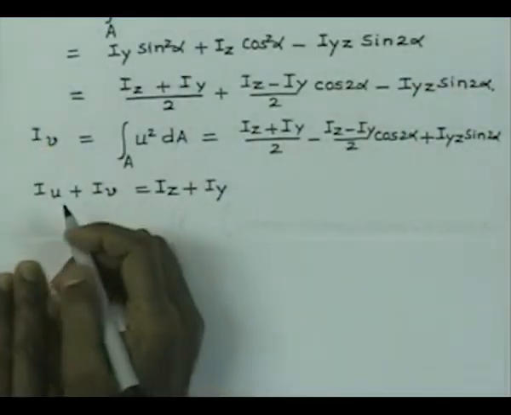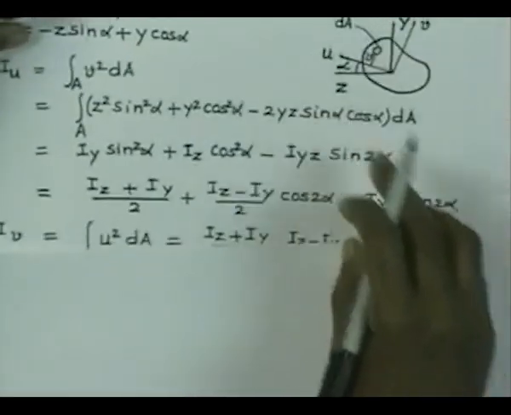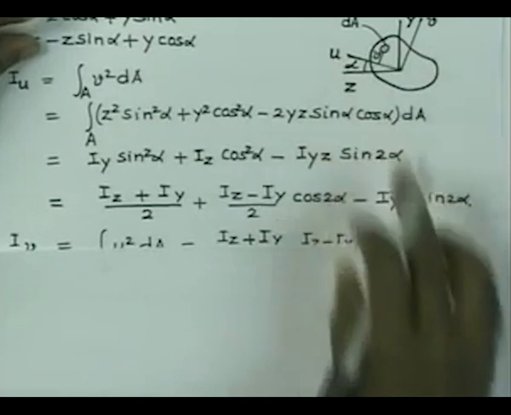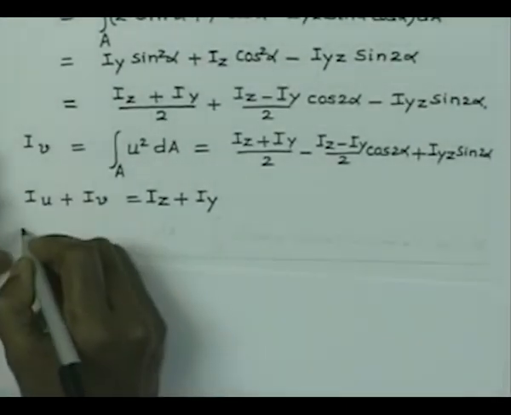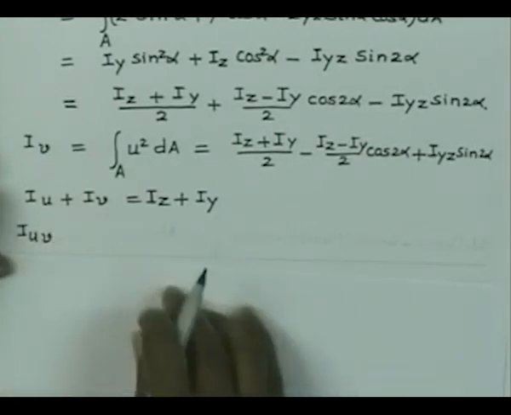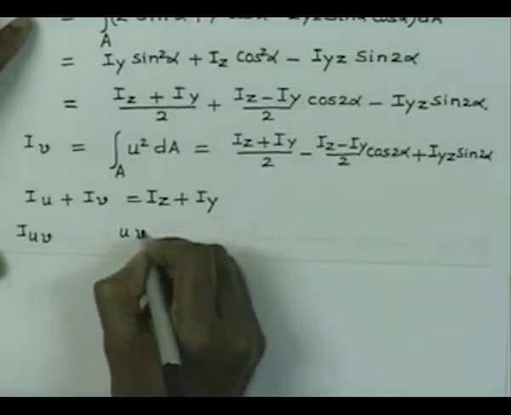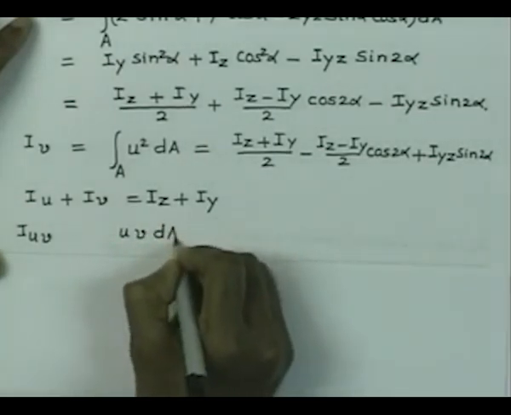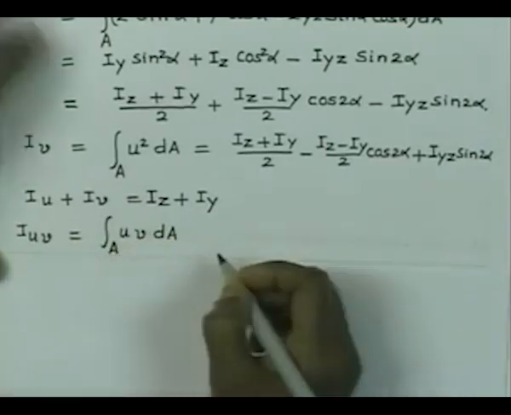Now, let us see what happens to the product moment of inertia. If we consider the product moment of inertia of the cross section with respect to the axes uv, then we would have Iuv, which is nothing but the integration of the quantity uv dA over the whole area.